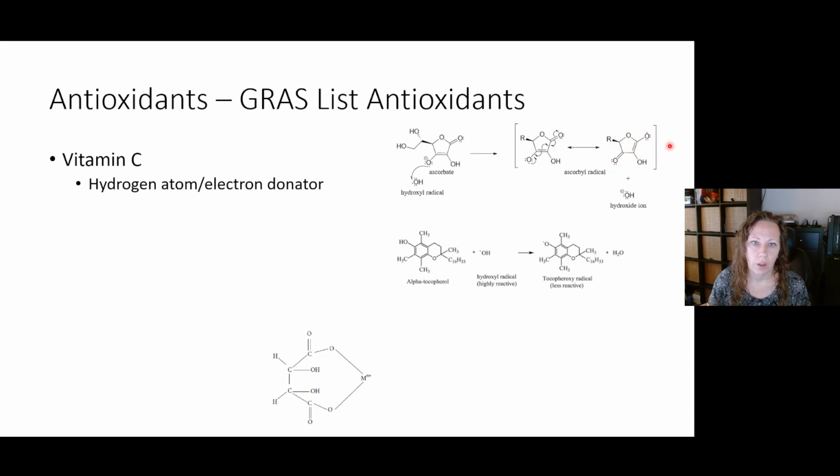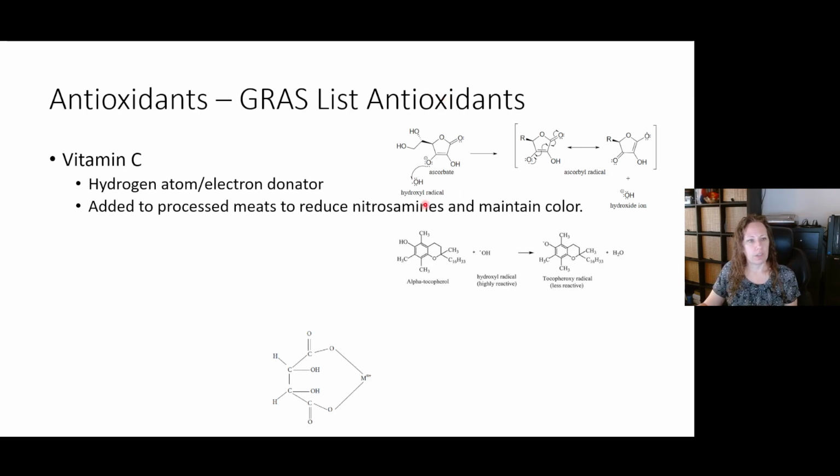Things get shifted around, and it actually has a radical here, so it can go back and forth. So it becomes a radical itself, okay? There is an unpaired electron here or here. But the key thing is that this radical is more stable than this one and is less likely to interact with something else and perpetuate the damage further, okay? So now the damage is just on the vitamin C and not within our bodies or within the food.